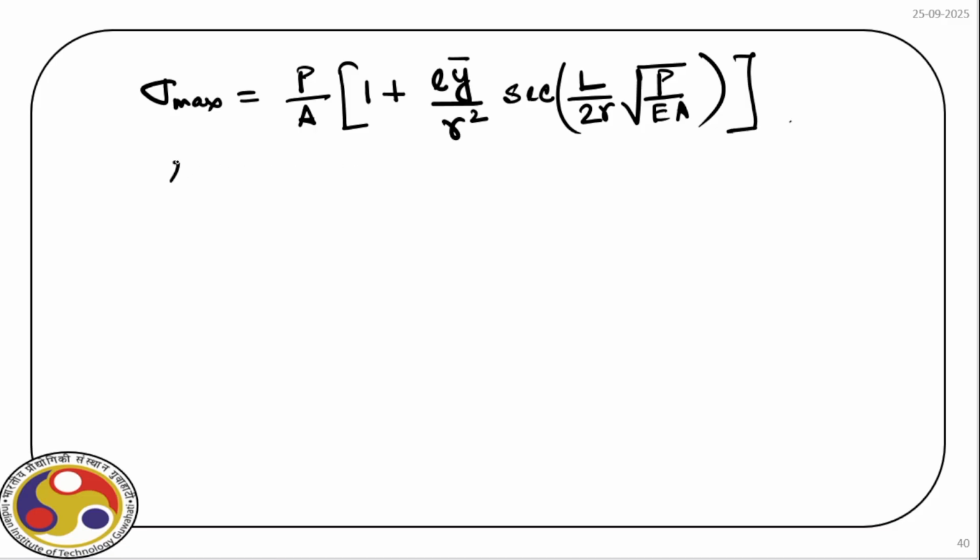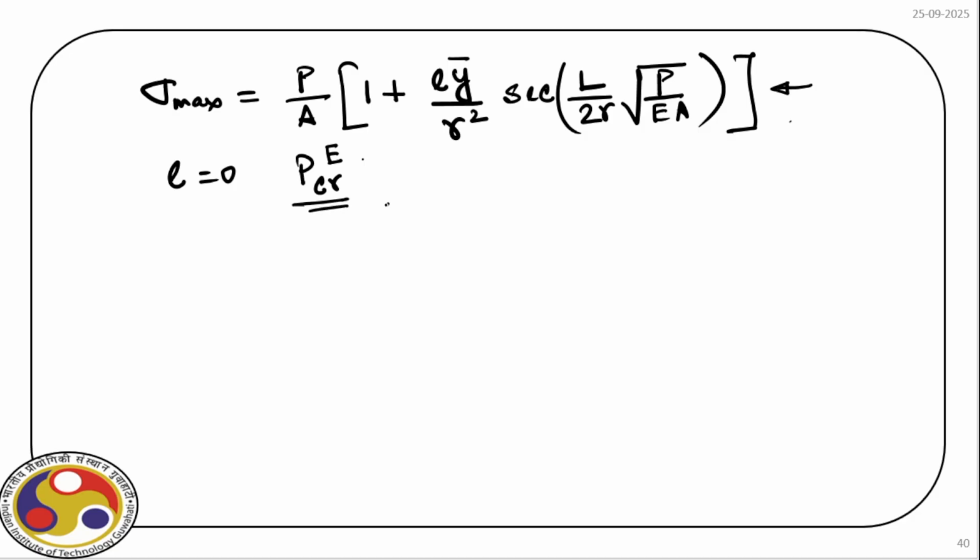The moment we have e equal to 0 in this expression, there is no eccentricity, and the secant formula is no longer applicable, and we have PCR as per the Euler buckling load that we have already discussed.